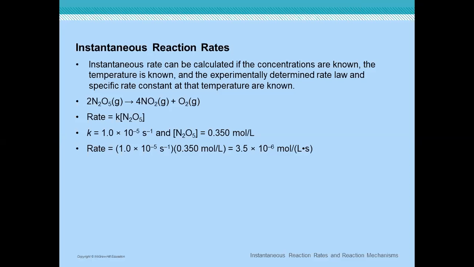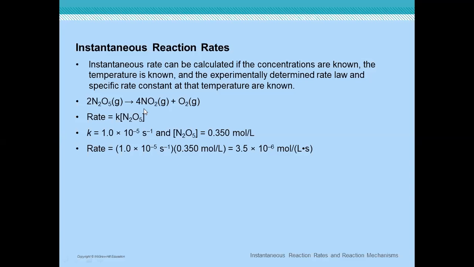Rate equals k times N2O5. k equals 1 times 10 power negative 5 second negative 1, and N2O5 equals 0.350 mole per liter. So rate equals 1 times 10 power negative 5 times 0.350, which equals 3.5 times 10 power negative 6.